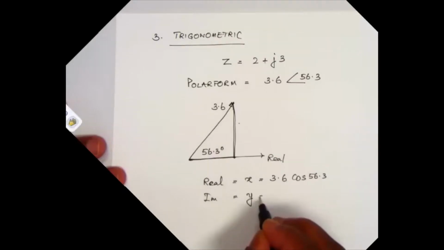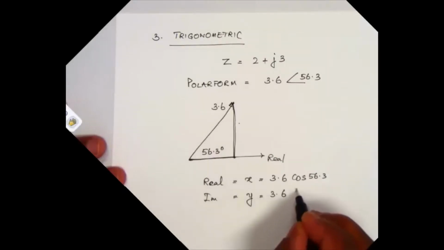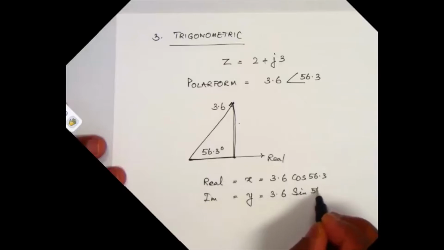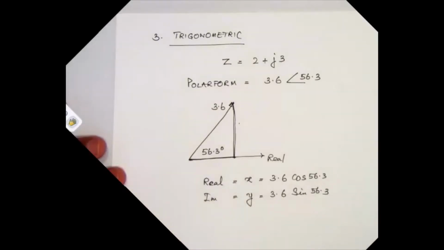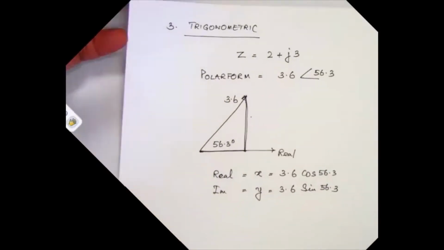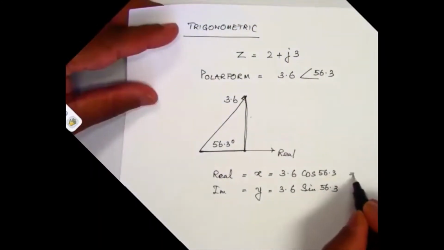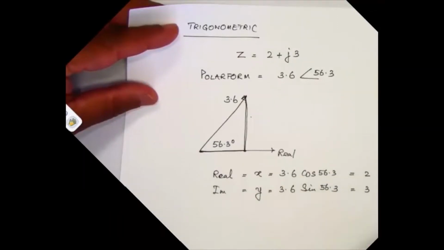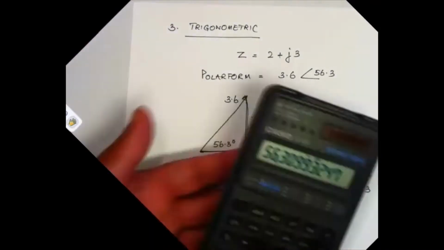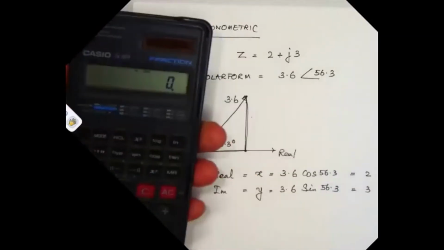So that is 3.6 sine 56.3. So in this case, we know if you simplify, we will get here 2 and we will get here 3. If you want, I can show you that.